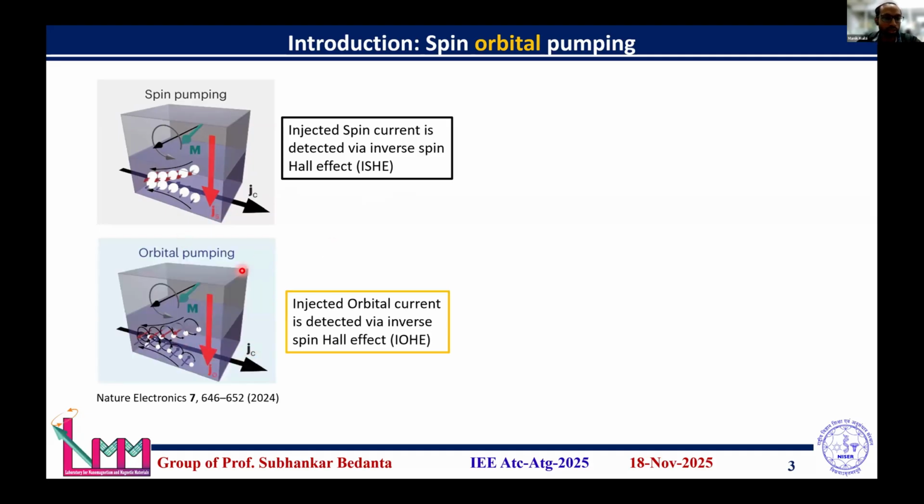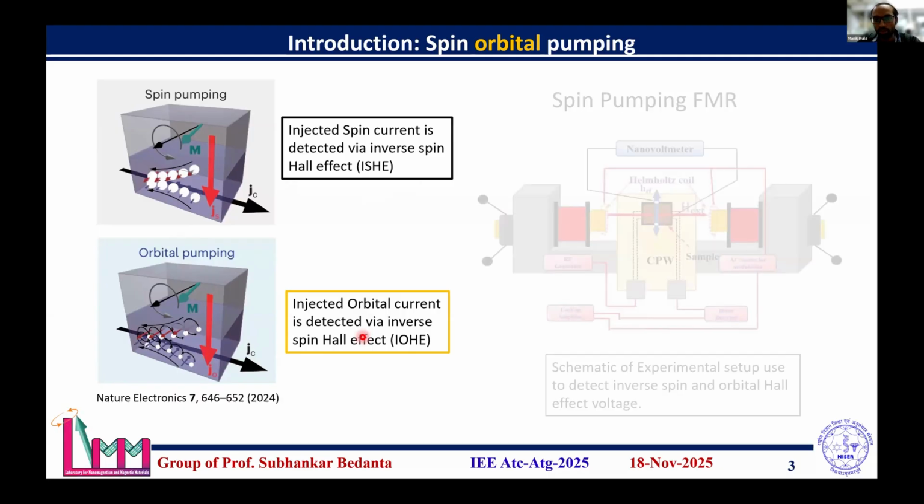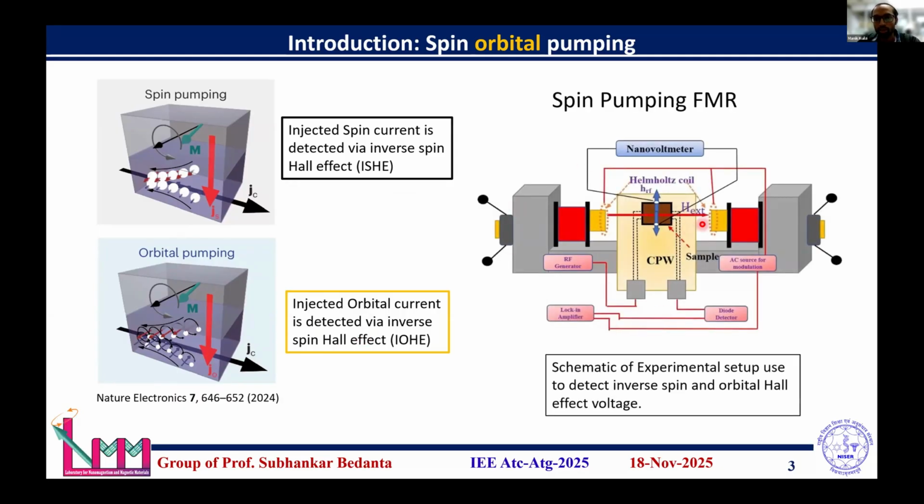Similar to the spin current, for orbital current the magnetization needs high SOC, because spin-orbit coupling gives both orbital and spin current. So orbital current can also be generated even in a light material in the process of the inverse orbital Hall effect.